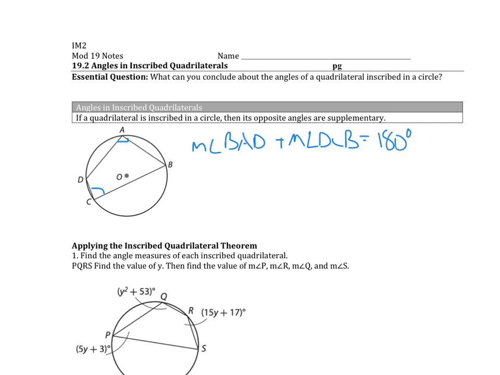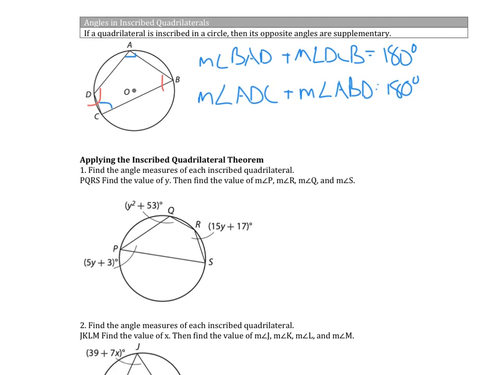Then we can also state measure of angle ADC plus measure of angle ABD is equal to 180. So those two angles there, which then is a huge theorem as we go to apply it.